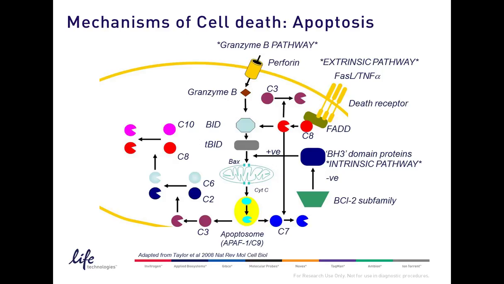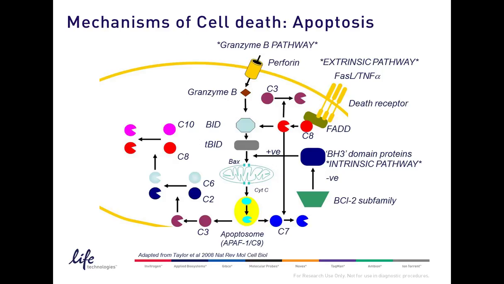They activate FADD, which goes on to activate a cascade of intracellular caspases, here denoted by C for caspase, and then a number for the caspase, 1 through 10. The extrinsic pathway goes on to act on BID and then truncated BID, tBID. This promotes Bax's association with mitochondria, which causes loss of cytochrome c from mitochondria. This pathway can also be activated via BH3 domain proteins.